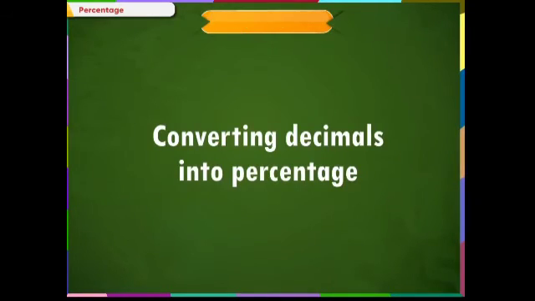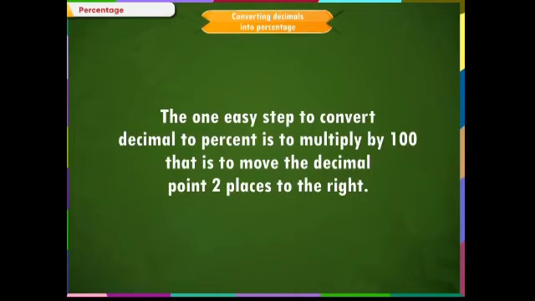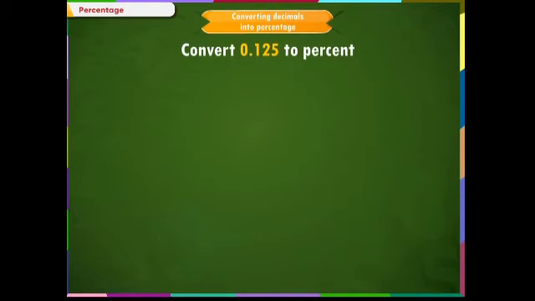Now, converting decimals into percentage. The one easy step to convert decimal to percent is to multiply by 100. That is, to move the decimal point 2 places to the right. Now, let us take an example. Convert 0.125 to percent. Multiply 0.125 by 100.